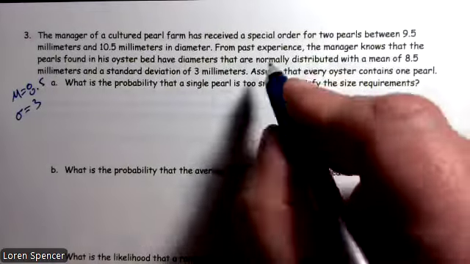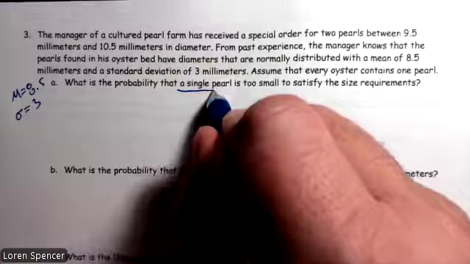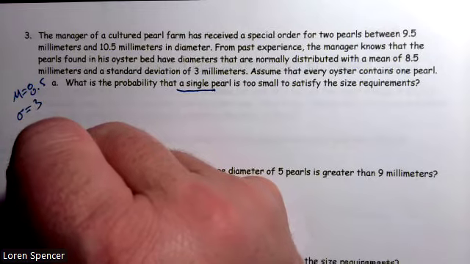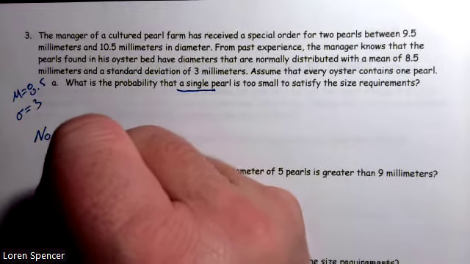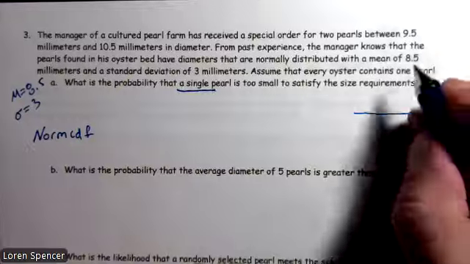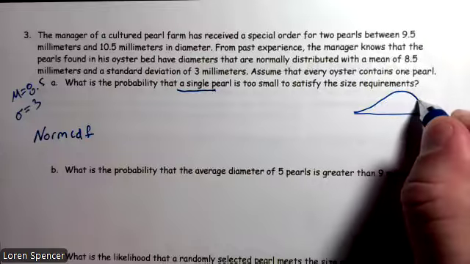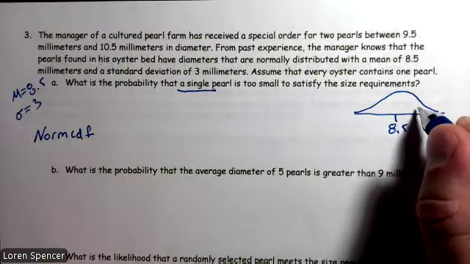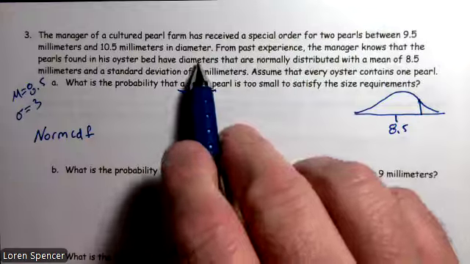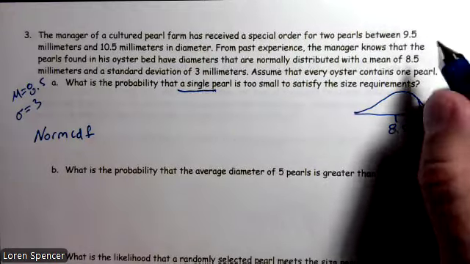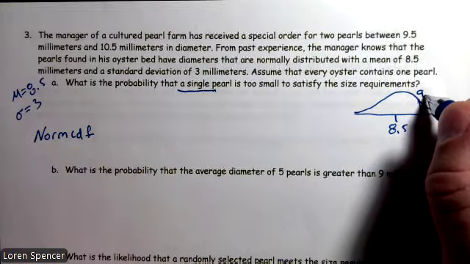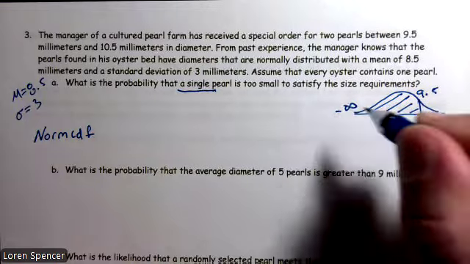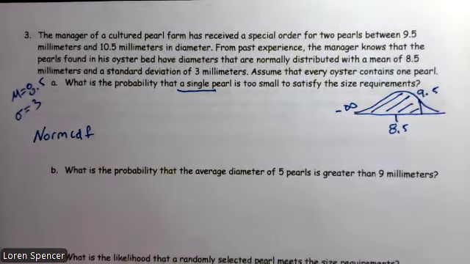So let's draw a picture of this. First off, we're working with a single pearl, so that tells me I'm going to be working with a norm CDF. What's our picture? Well, he says normally distributed with a mean of 8.5, and the pearl has to be at least 9.5 millimeters. So we want to know the probability that it's less than 9.5. Please remember, normal goes to negative infinity.